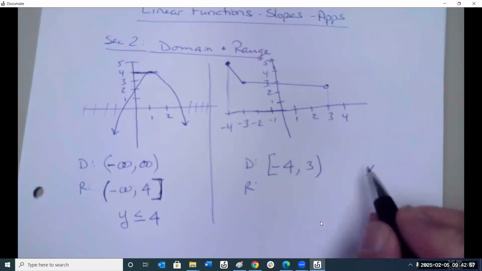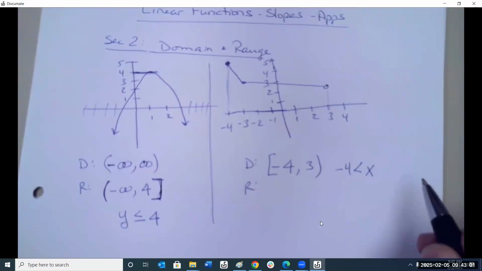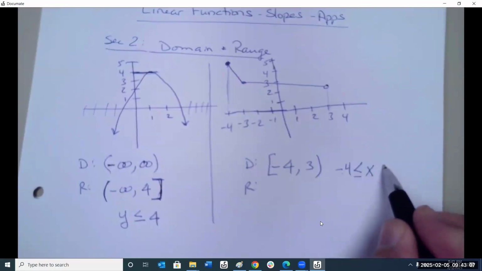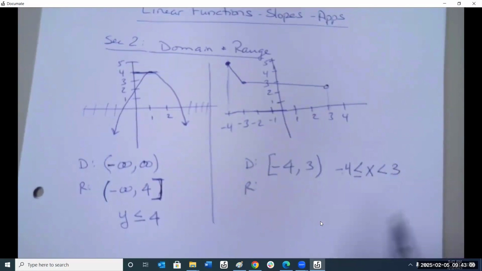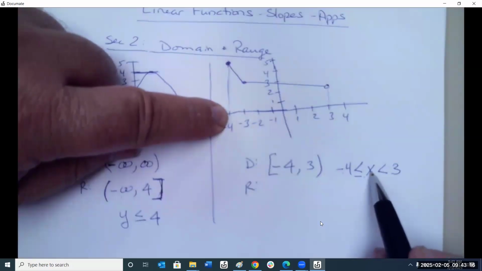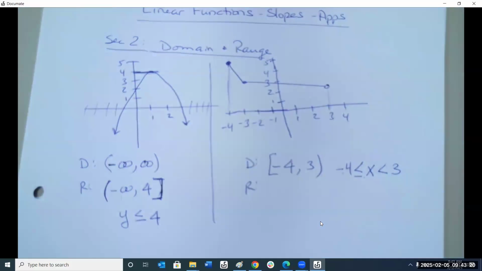No, greater than -4. But the inequality has to have a line under it. There you go. So -4 is less than or equal to x, and then has to be less than 3. Right. Because you always read left to right. So -4 is less than or equal to x, which is less than 3.